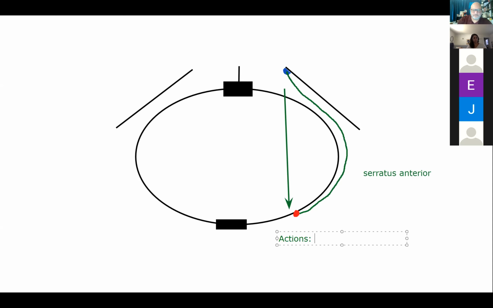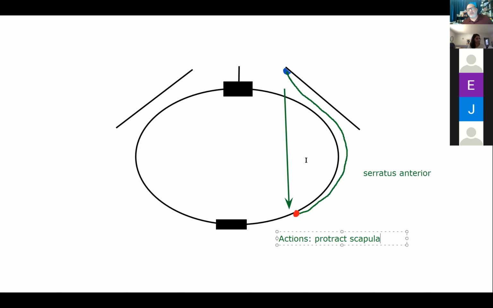Protract, abduct border, and hold scapula against chest wall. Right. To bring forward is to protract. You bring this forward. You're giving someone a big hug and you can feel your scapulas. Its job is to hold the scapula in place, stabilize it so that our shoulder joint works properly.